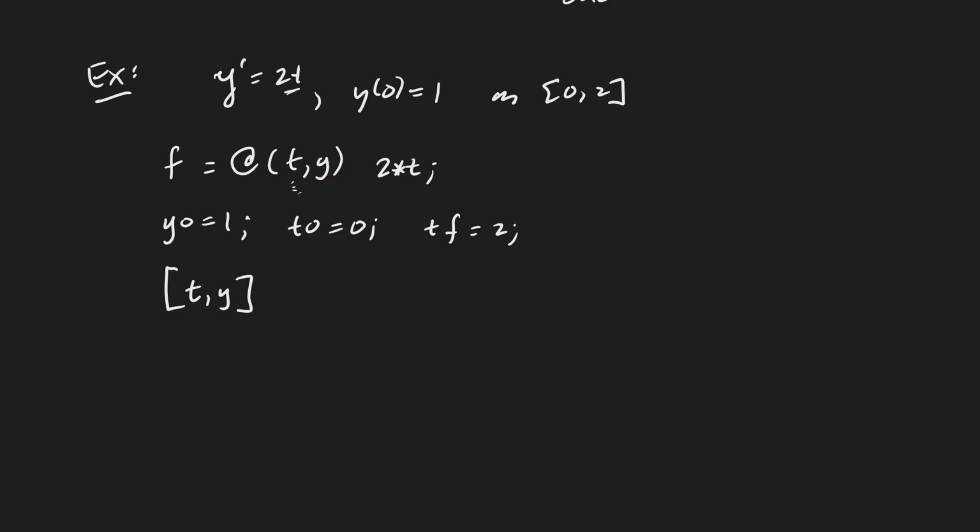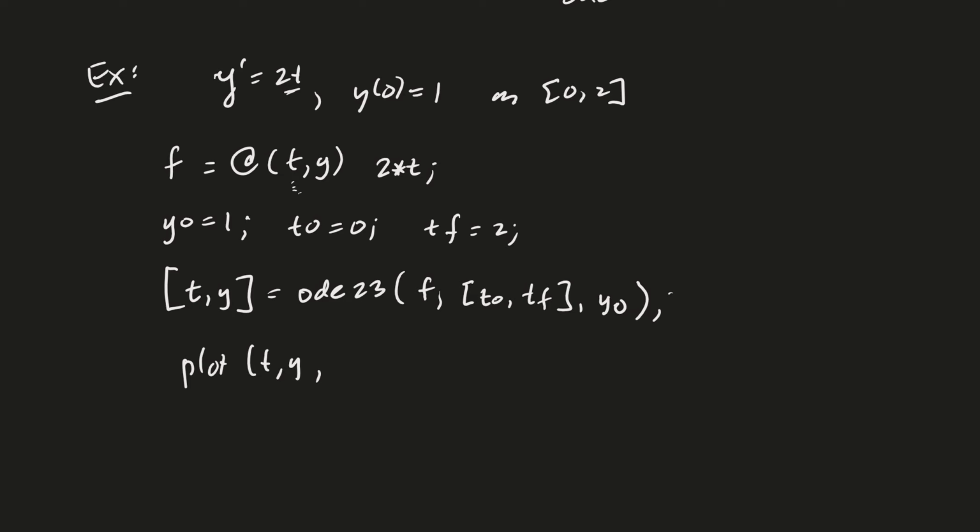Then the command for Matlab is just [t,y] equals ode23, and you choose your method, 2, 3. The f comes first, and then the time span comes second, and our time span goes from t0 to tf, and then our initial value y0. That's it. Then Matlab will plot out your t and y so you can plot.